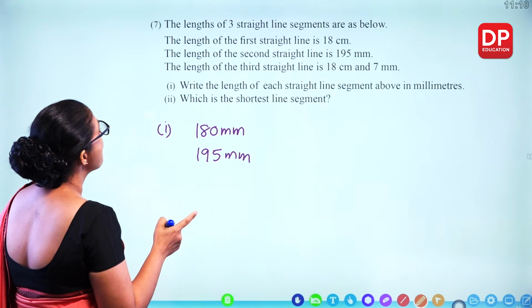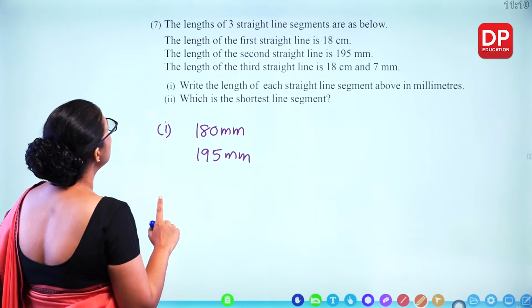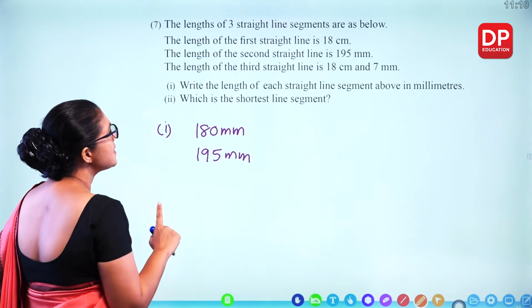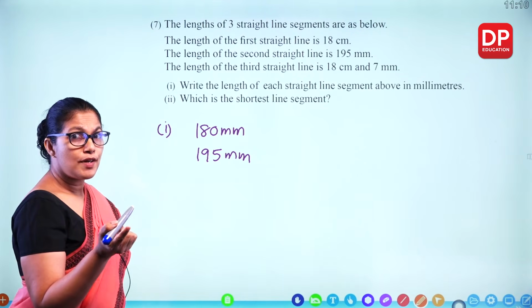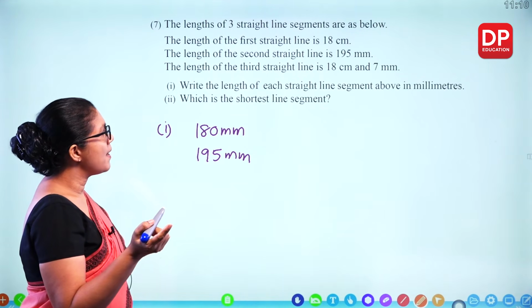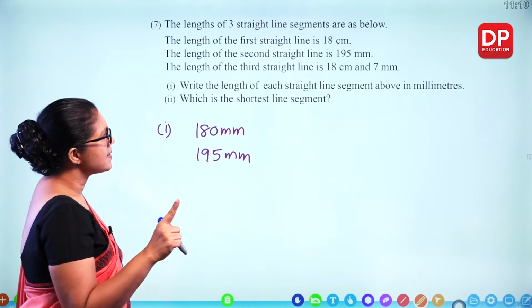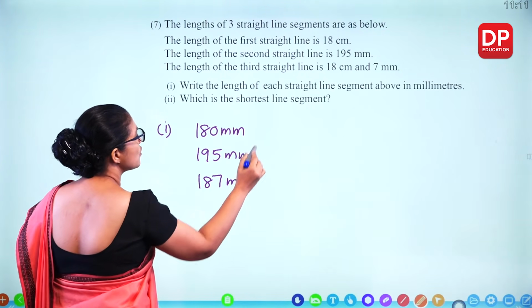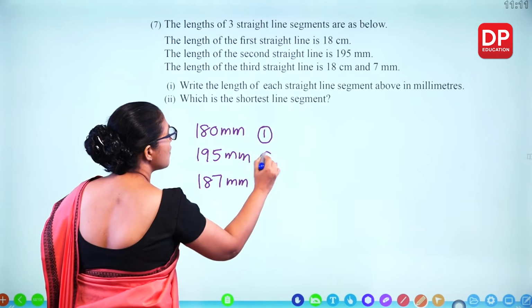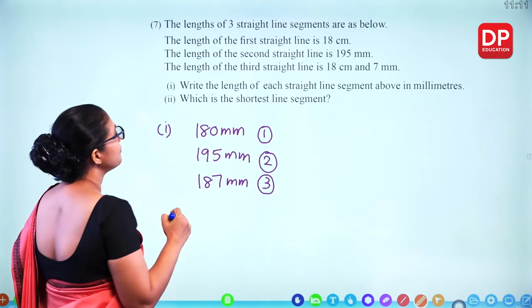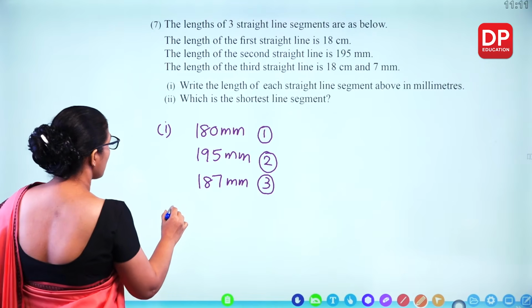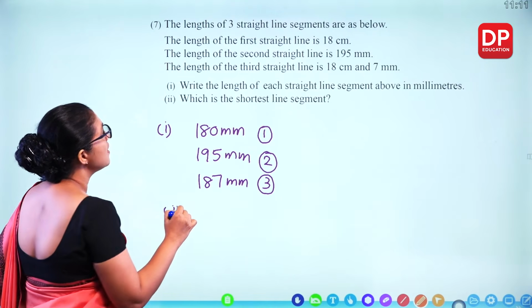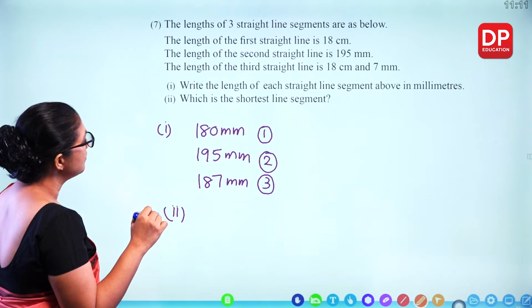Then the third one, 18 centimeters, convert to millimeters, multiply by 10, 180 plus 7, 187 millimeters. So this is the first one, second one and the third. Then which is the shortest line segment?